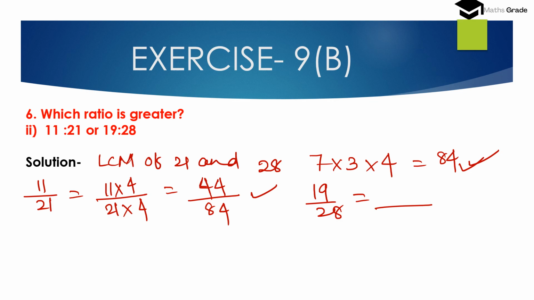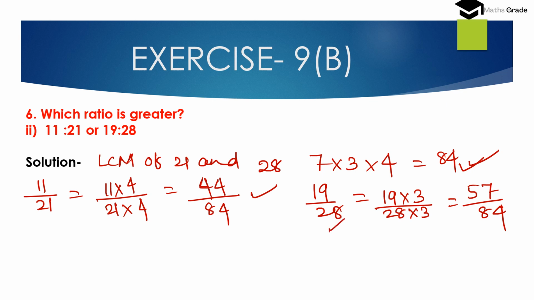In the table of 28, if we multiply 28 with 3, we get 84. So we have to multiply the antecedent 19 with 3. So 19 multiplied by 3 is 57. And 57 divided by 84 is the equivalent ratio of 19 divided by 28.